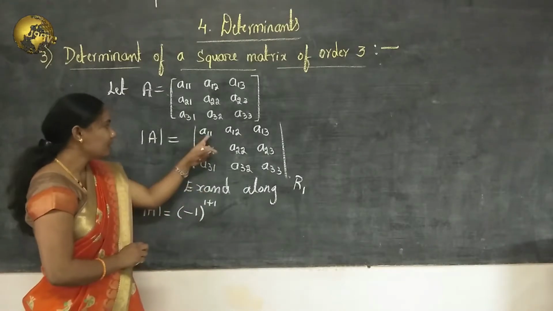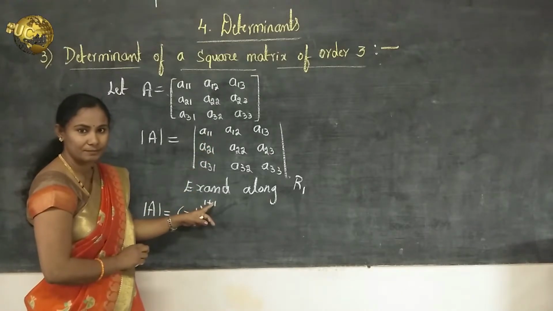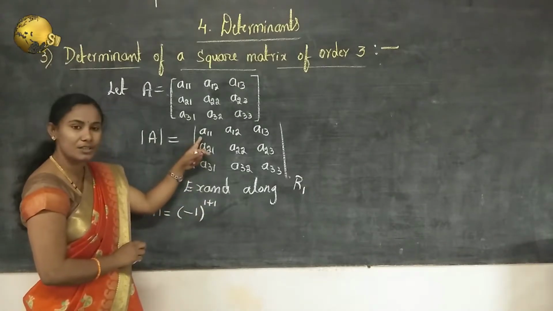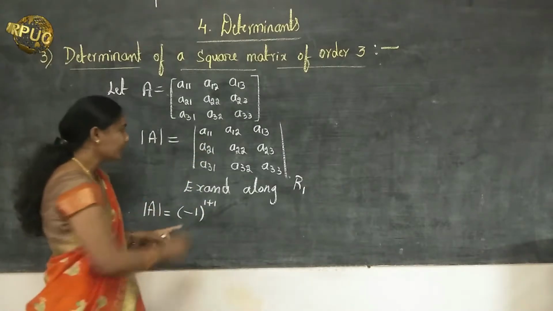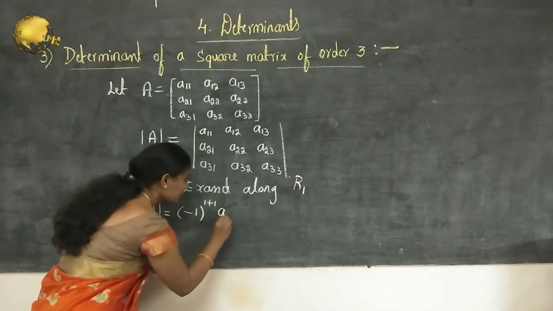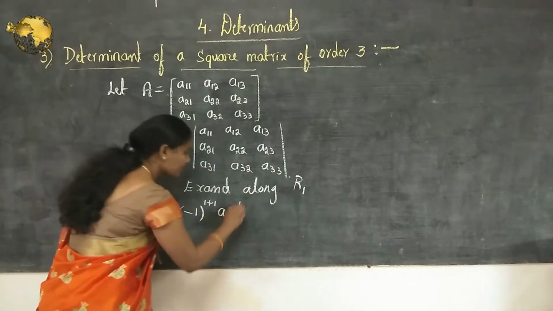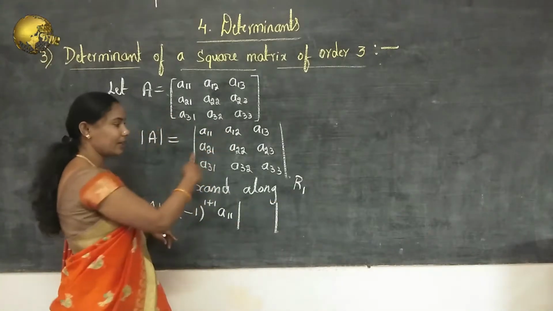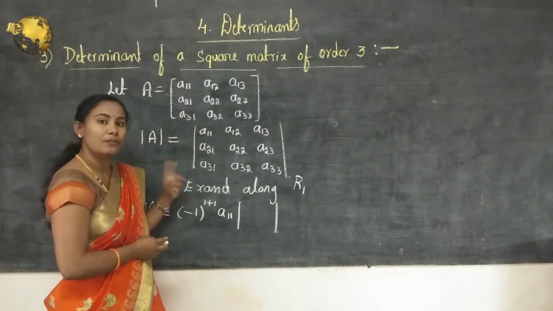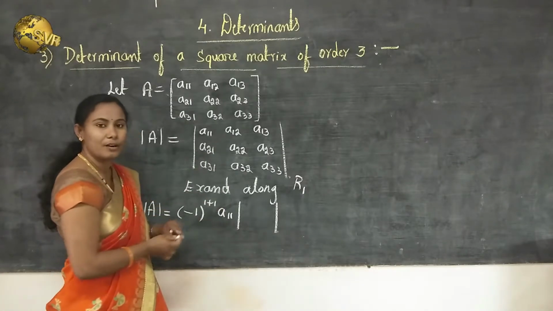Minus 1 to the power of 1 plus 1 is the position sign of the element A11. Now whatever element is there in the first row, first we write down that element, and then we have to write this determinant in the form of a determinant of order 2, which we already know how to expand.